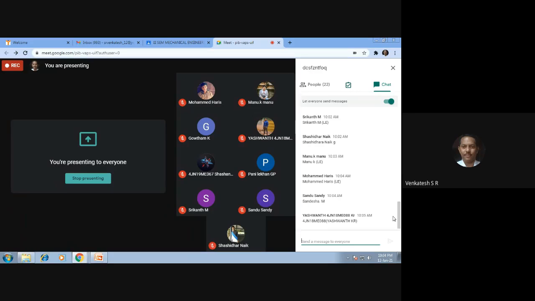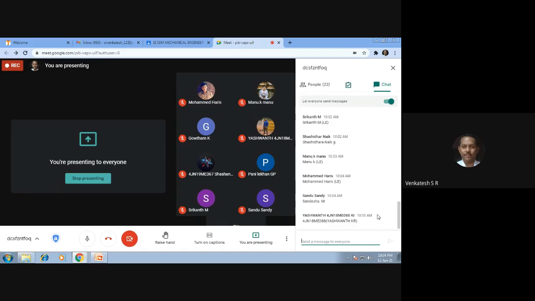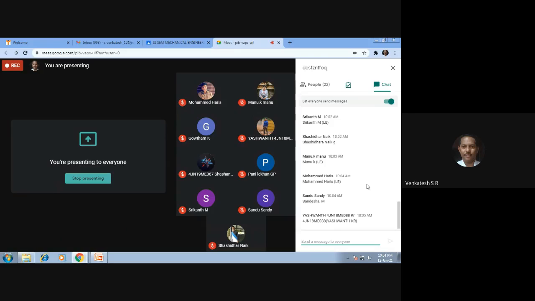This is the last portion in the fifth module, and I will upload the assignment in Google Classroom. All of you see the assignment, write it properly on a sheet, scan it, and send it to me. After uploading, I will share the code for sending the assignment.